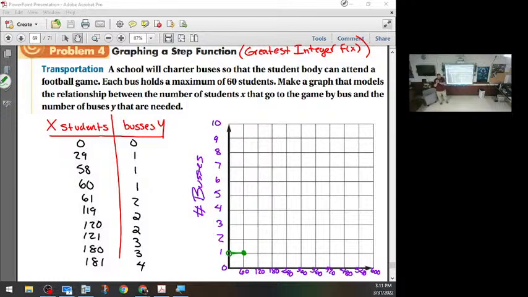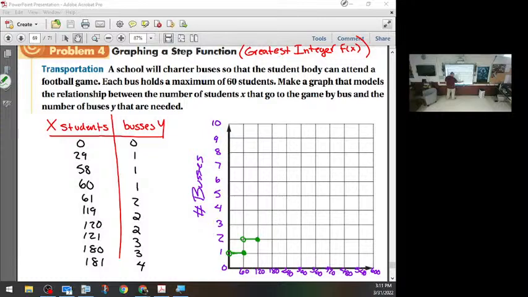0 students, no buses. But as soon as I hit 1 student, I now have 1 bus. All the way until I hit 60 students, I still have 1 bus. As soon as we jump up to 61 students, I've got 2 buses. All the way to 120 kids, I'm still at 2 buses.